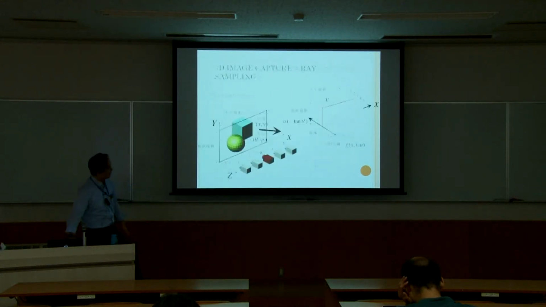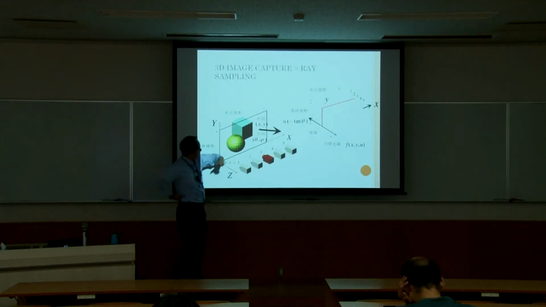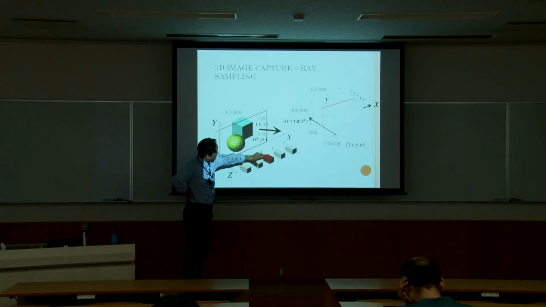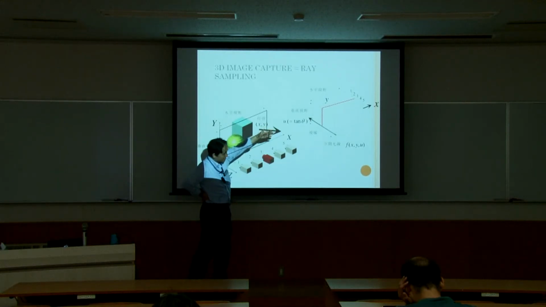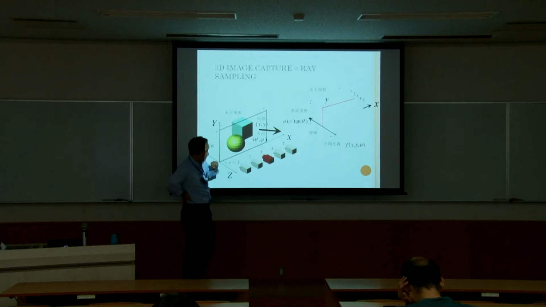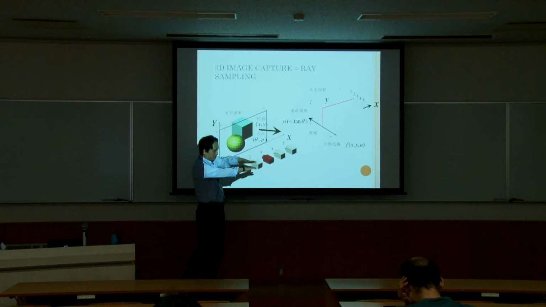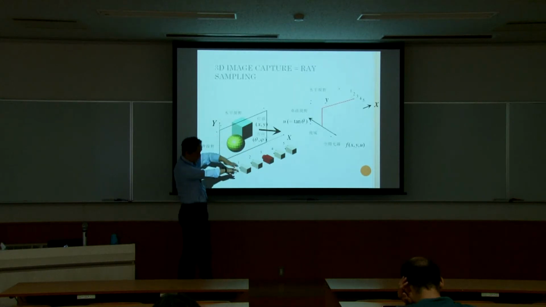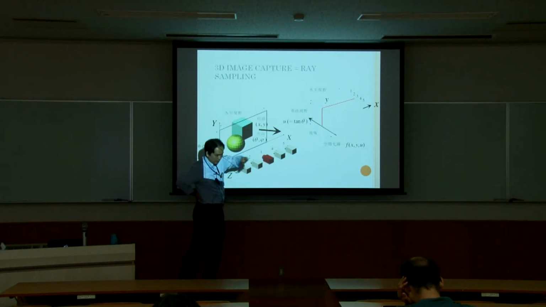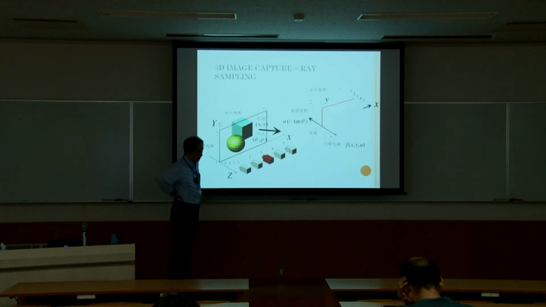So this relationship can be converted like this. This camera 3 captures the line image in ray space in XU. And if we pile up in Y direction, we can get the 3D function XYU.